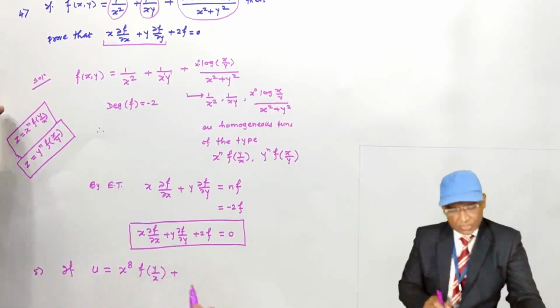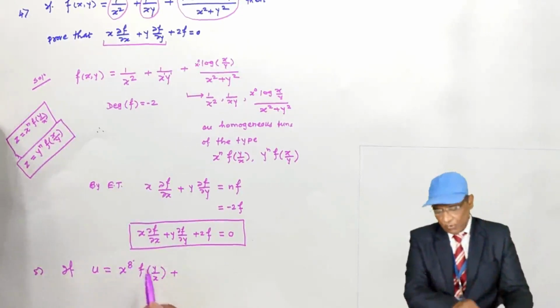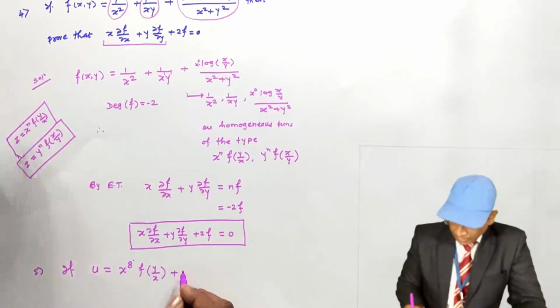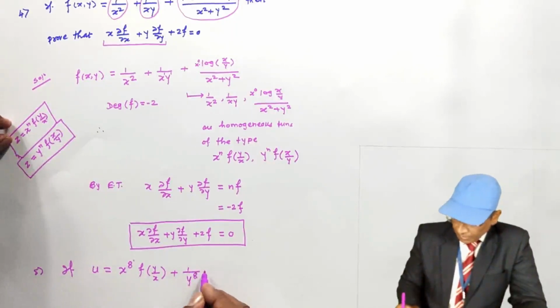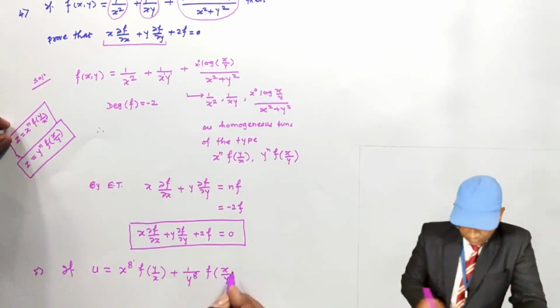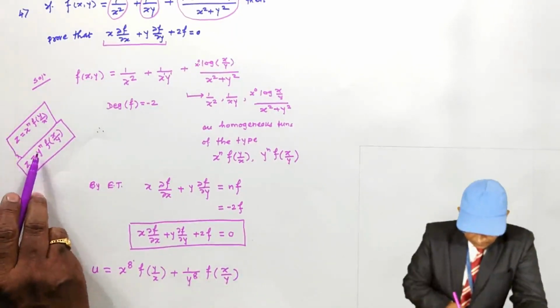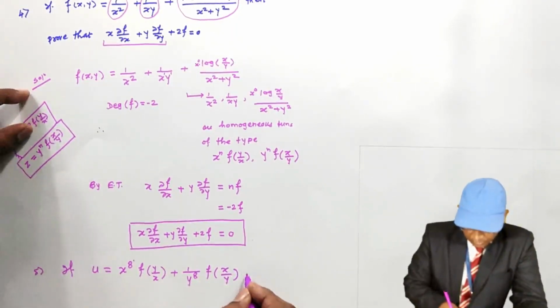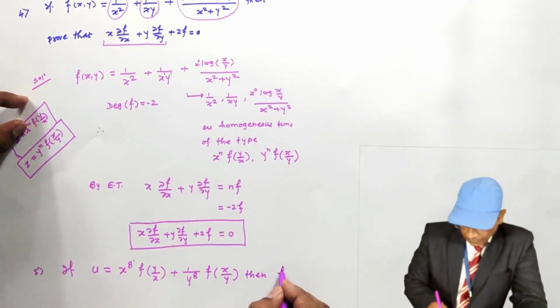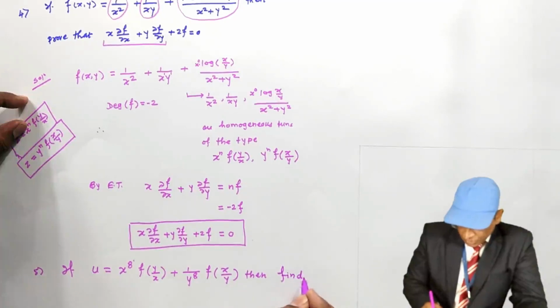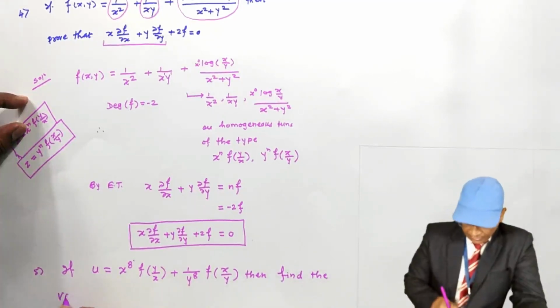This function is of this type, y to the power n f of x by y. Then find the value of x del u by del x plus y del u by del y. This value we have to find.